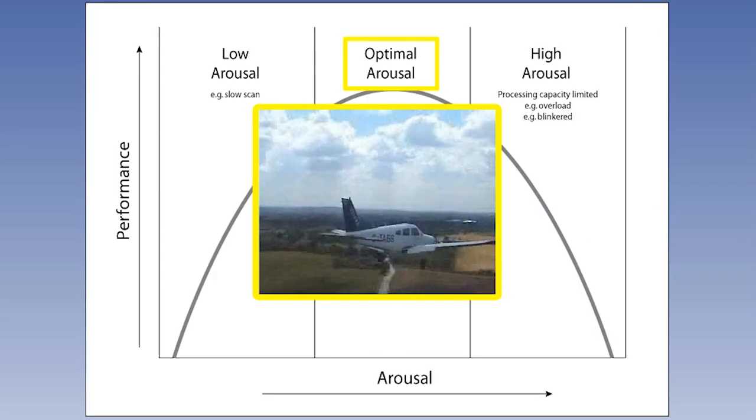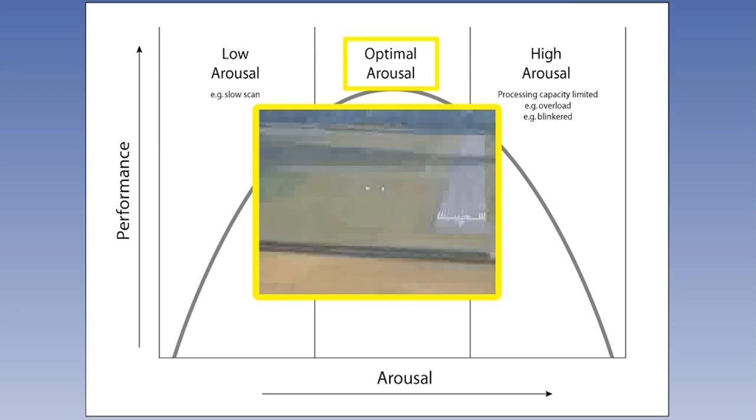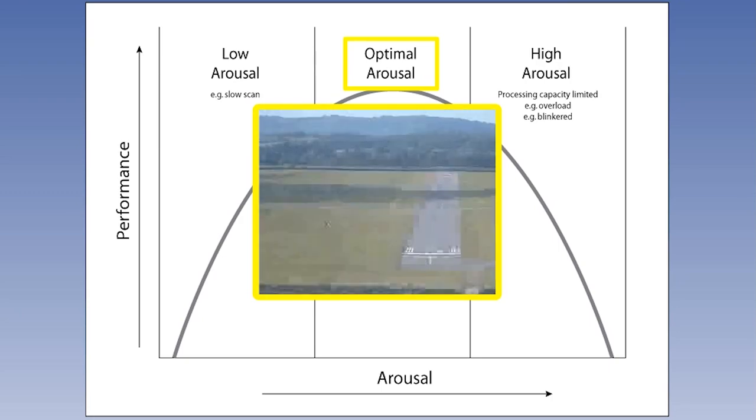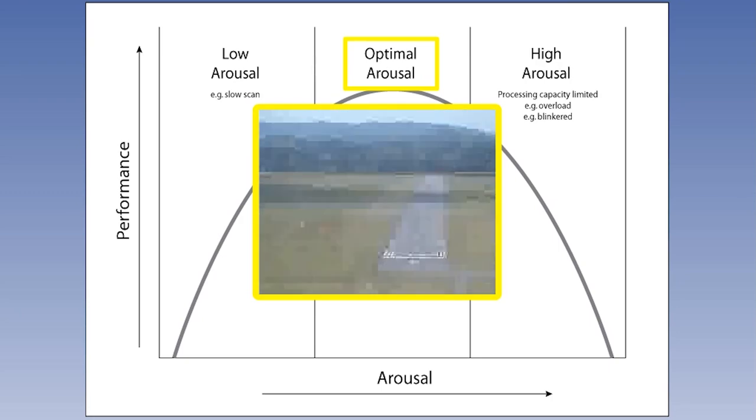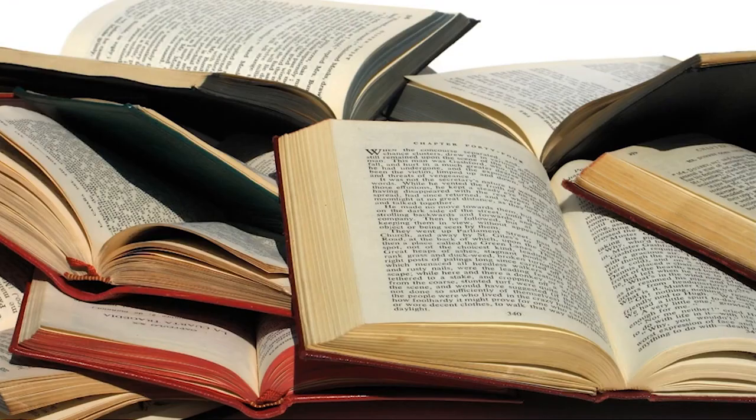At optimal arousal, such as on an approach which is going well, the central processor is at its most efficient and performance is at its best. At times of high arousal, there is a real danger of the central processor becoming overloaded. There may be too much information, called quantitative overload.